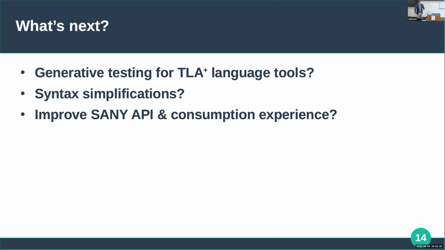Okay. All right, so let's talk about what I think could be next in the immediate future. One is that I've spent a bunch of time, and the foundation has spent a bunch of money paying me to develop all these test corpora. And it's all fine and well for me to be sitting there plugging away, manually making all of these tests, but what if we could generate them?